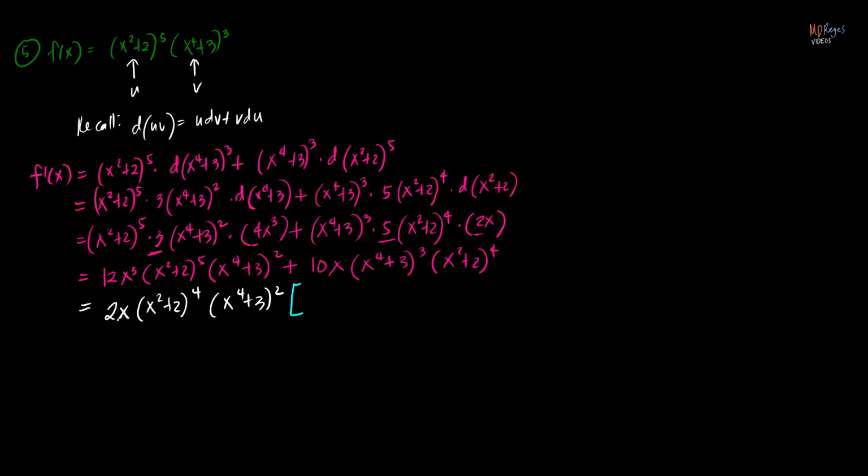in the first term, factoring 2x times x squared plus 2 to the fourth times x to the fourth plus 3 squared. So here, from 12x cubed, upon factoring 2x, we'll have 6x squared.